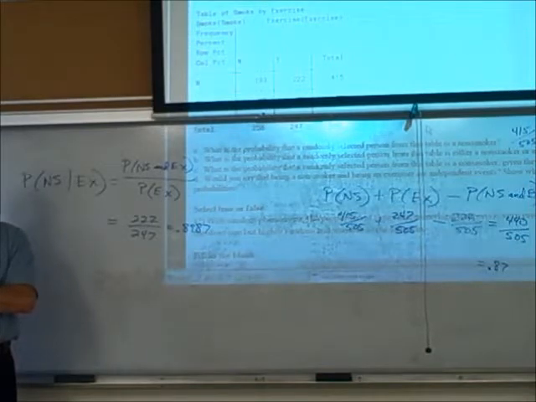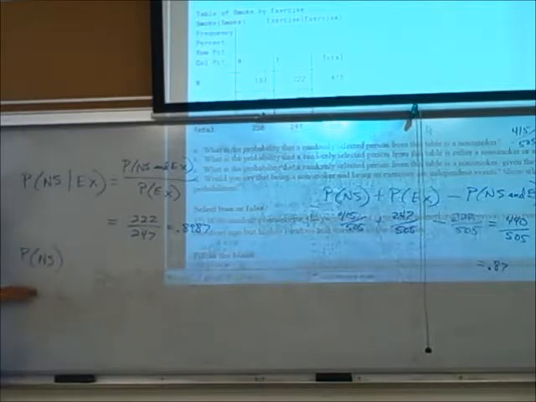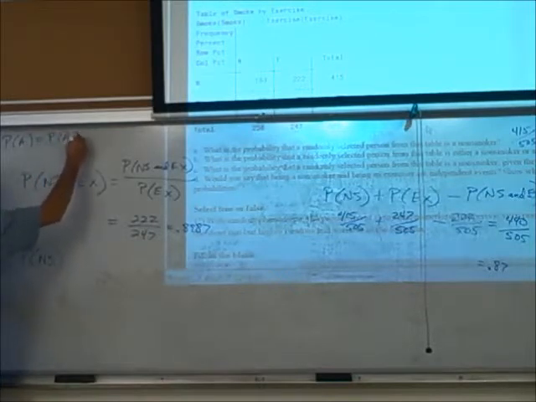Any ideas? P of B given A should equal P of B. Okay, so NS given EX should equal the probability of NS without conditioning, right? That's this. Probability of A is equal to the probability of A given B if they're independent.